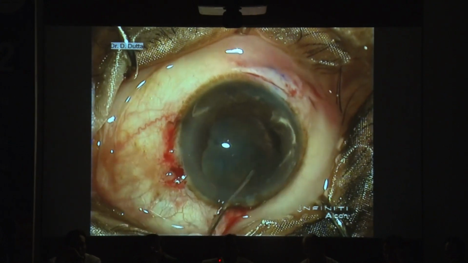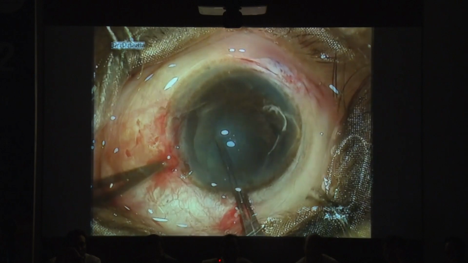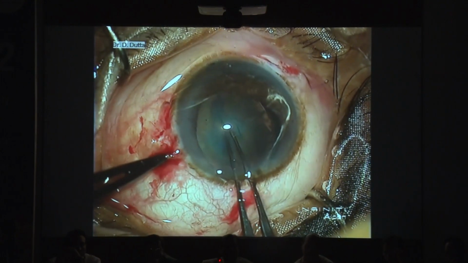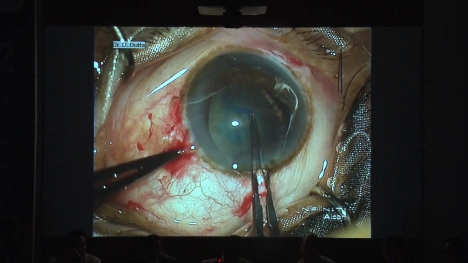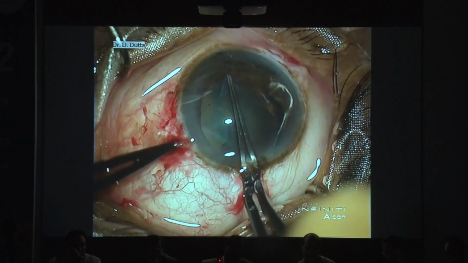The area of dialysis is plugged with cohesive viscoelastic. There are folds in the anterior capsule and rhexis is completed with utmost care.